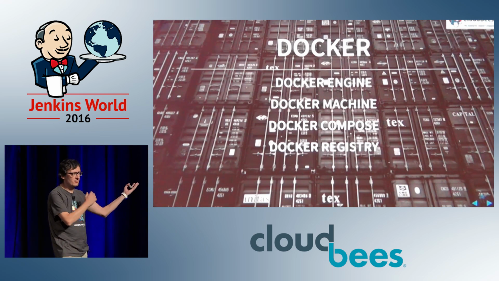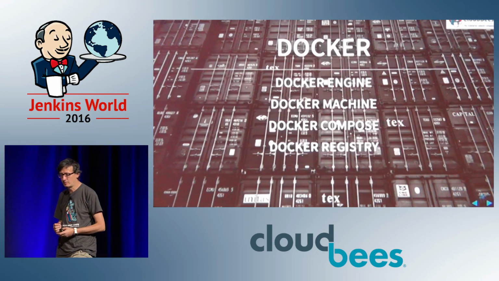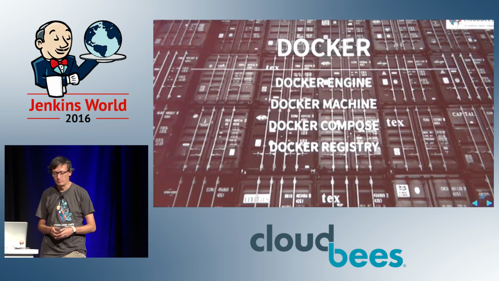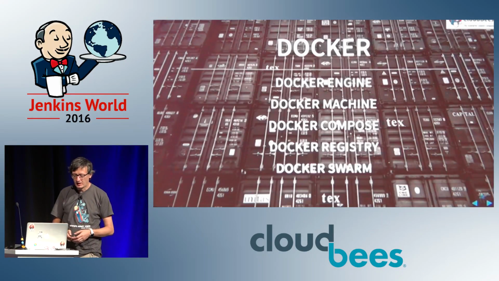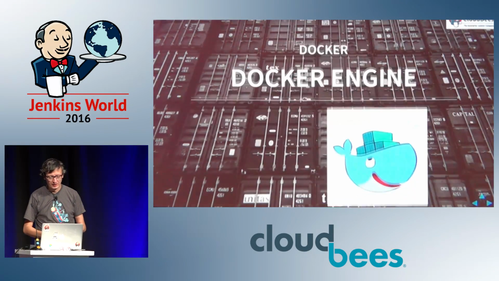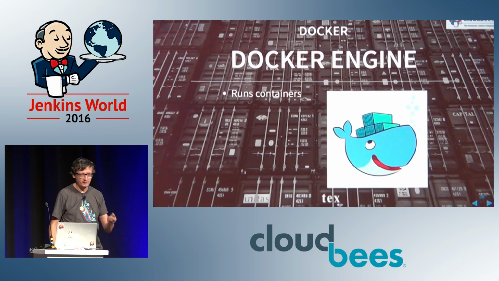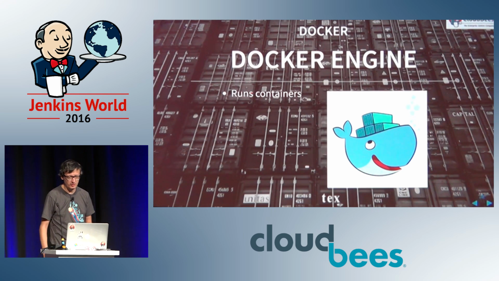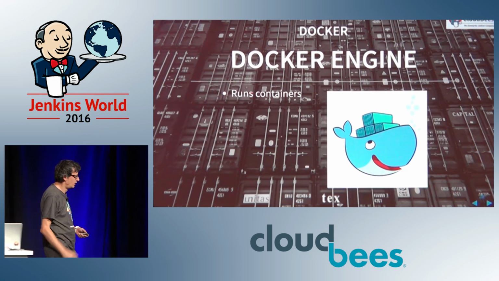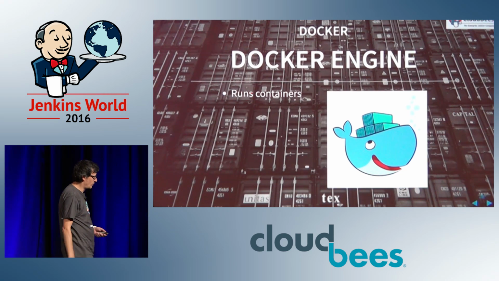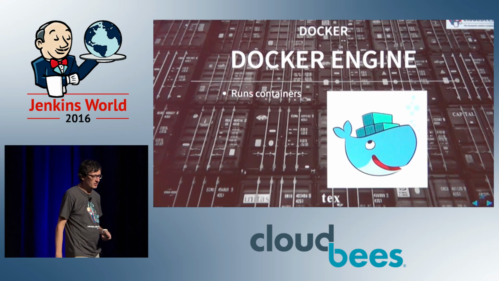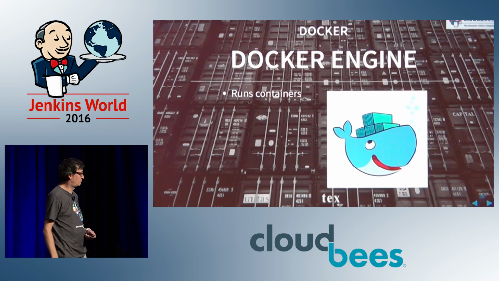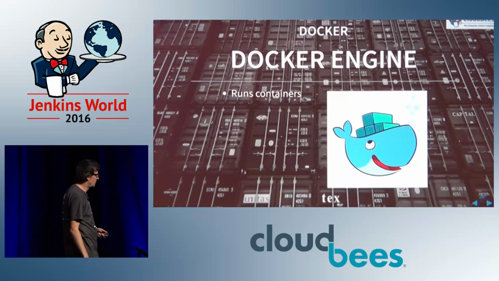That's where we store our images and the place from which we retrieve or pull them. And finally, Docker Swarm. I will try to go very quickly through those things because I'm trying to focus today more on continuous deployment, and you can get much better informed about Docker afterwards.